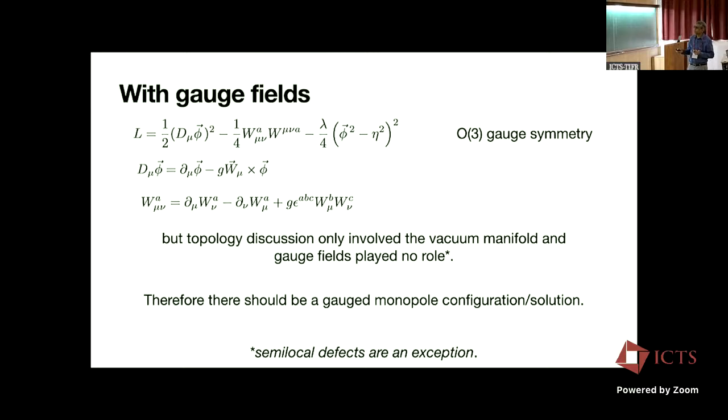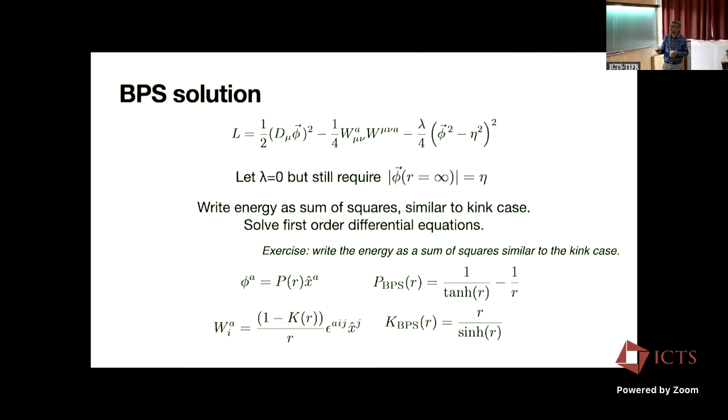So if the topology is the same, then even the gauge model should have gauged monopole configurations, and maybe a solution if you are able to solve the equation of motion. So there's a famous solution called the BPS solution, which is the Bogomolny-Prasad-Sommerfeld solution.